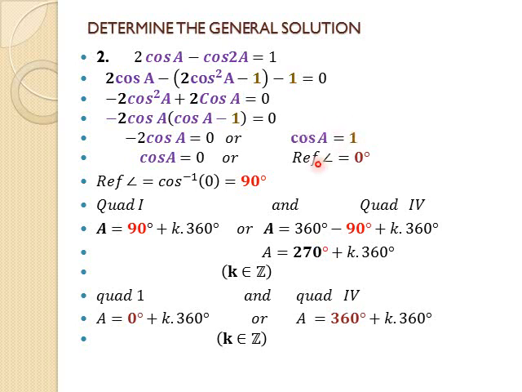Shift cos 1 gives me a reference angle of 0 degrees. Right, so 1 is positive, and cos is positive in quadrant 1 and 4. So for quad 1, 0 plus k360, or I can just say A equals k times 360. Or quadrant 4, 360 minus 0 stays 360 plus k times 360.